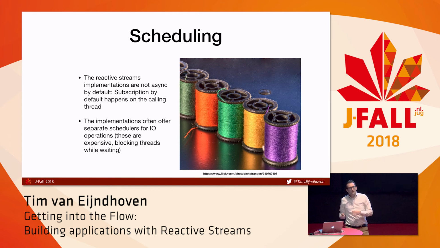Another underlying concern is scheduling. I've shown you that not all the implementations, and not every Flowable that you create, is asynchronous by default. Subscription by default happens on the calling thread when it's possible, and that's basically because it's more optimal to do so. You do not have to switch threads or contexts or whatever. This is the fastest way.